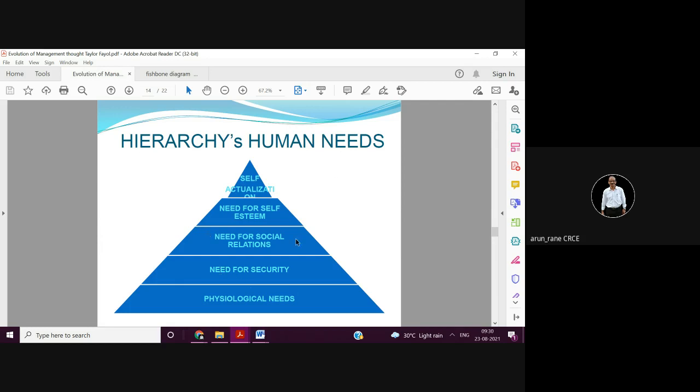Otherwise the people will leave the organization, and your HR department or personnel department will have to do only recruitment work. See, business is nothing but relations, and you have to retain your people. Otherwise, you keep on recruiting people, keep on training people, and once he is trained, he will leave the organization. That way, the organization will not gain anything.